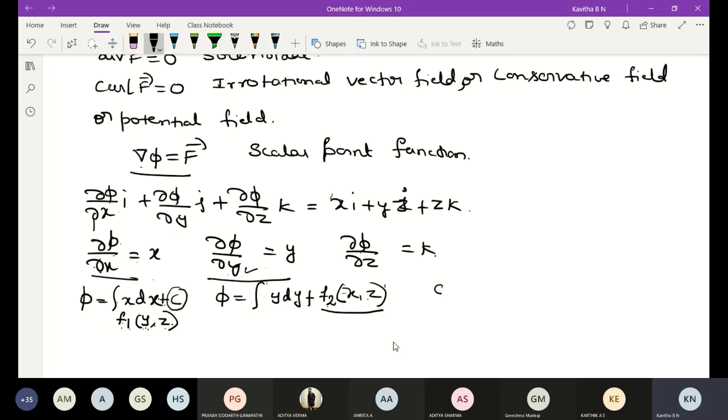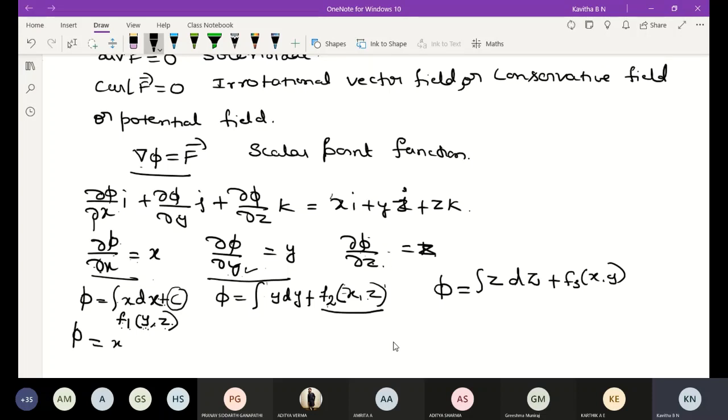Similarly here also, del phi by del z: integrating with respect to z, phi is equal to integration of z dz plus f3 of x comma y. X comma y is a constant term.